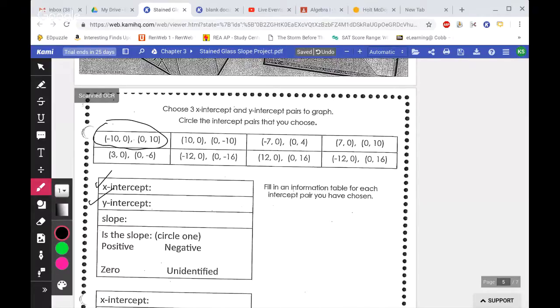And anywhere there's a 16, if you picked that, I would love it if you haven't already done the work to please change your 16s to 14s.